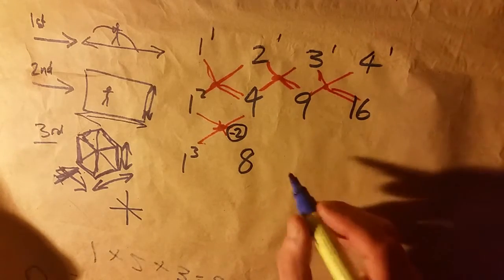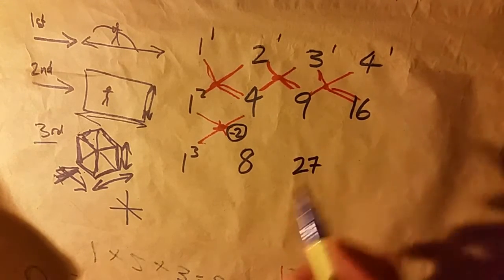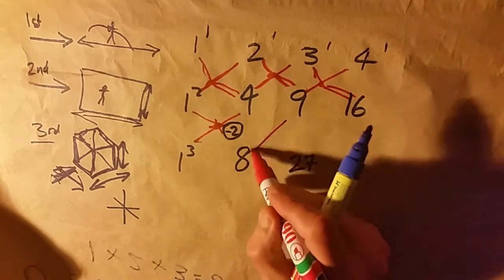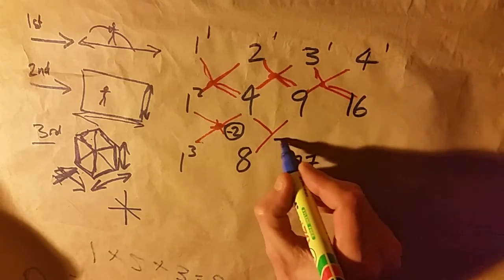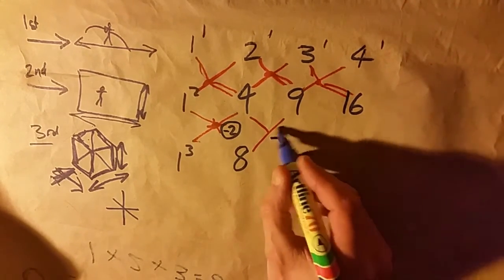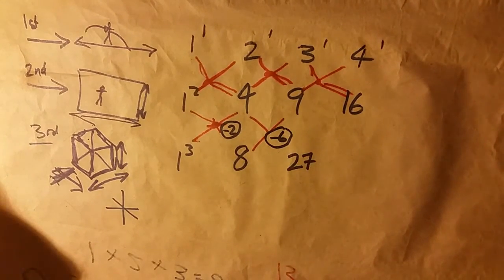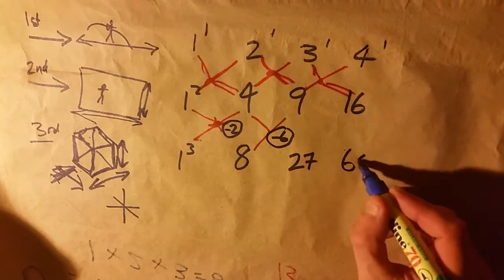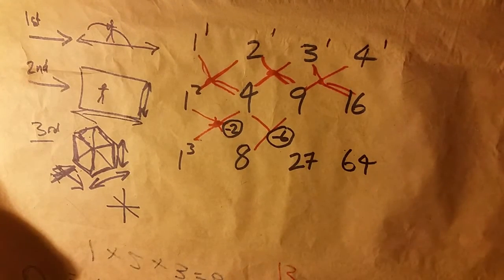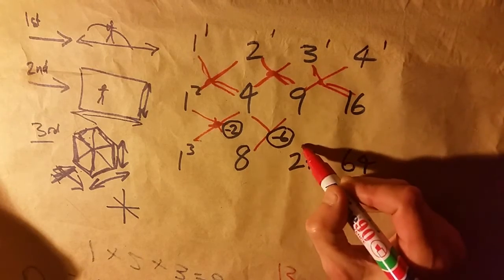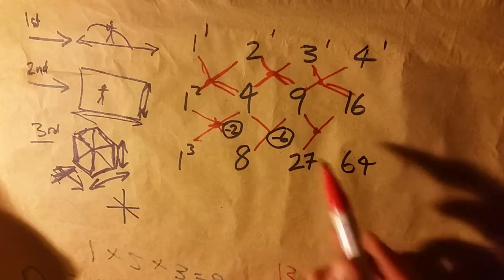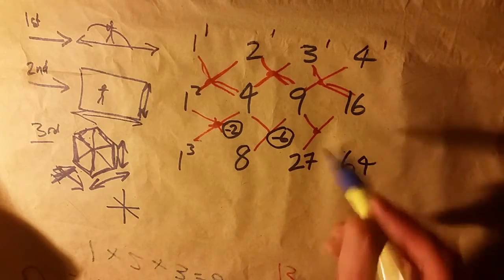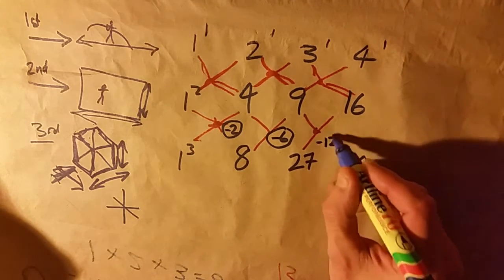And 3 cubed would be 27. If we add these 3, we get 21, which is 6 short. And this would be 64, 4 cubed, 4 times 4 times 4, and if we add again, that's 52, and we're 12 short.